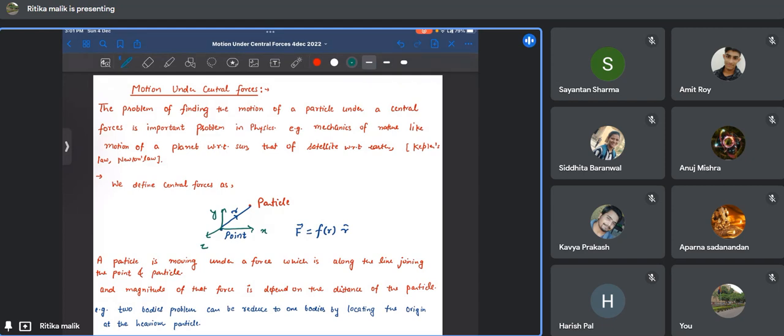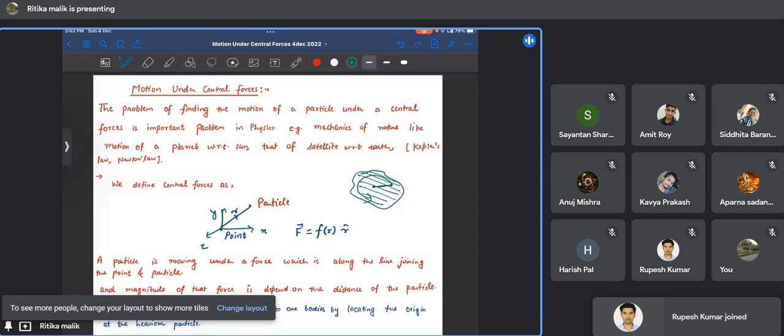For example, you may consider an area in which there are some forces, which you can consider as central forces, and we want to see how the particle behaves as it moves inside them: what its trajectory will be, what force will act on it, and what its energy will be. These kinds of things we will talk about here, and then we will solve 2 to 3 questions from the GATE exam that appeared in previous years.